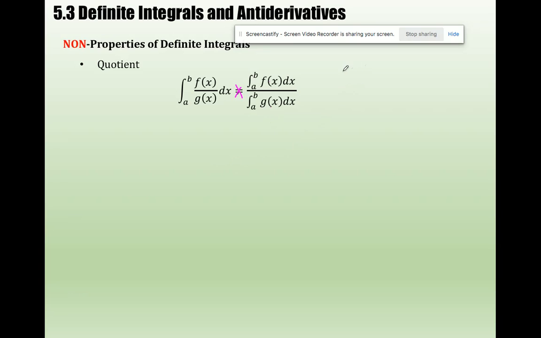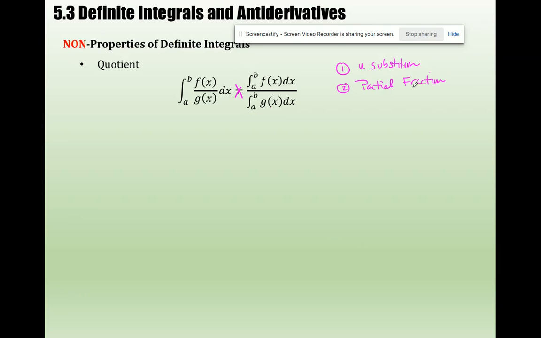One technique I will teach you later to deal with a quotient is U substitution, which doesn't always work. And I will teach you something called partial fractions, which hopefully you did in pre-cal, and it is a technique you need for this kind of integration when you have a quotient.